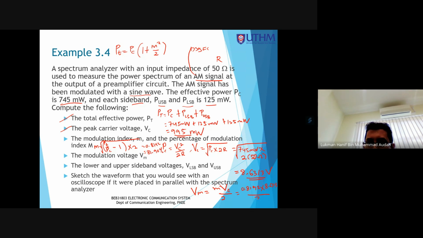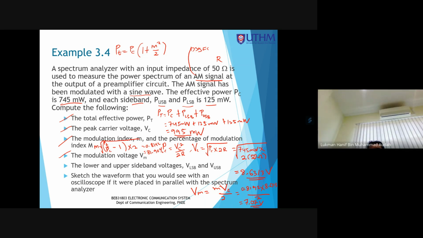So 0.8192 times 8.6313, you're going to get 7.0707 volt. Okay, 7.07 volt. Can you get the answer? Yes, Doctor. Okay.